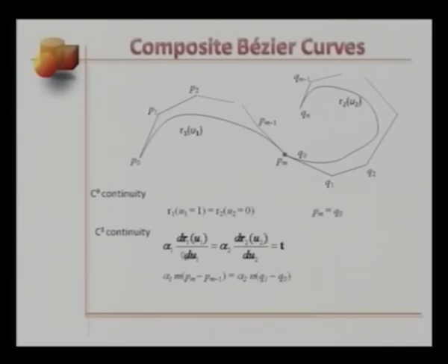So, the first derivative for this Bezier segment will be m times p sub m minus p sub m minus 1 at u1 equals 1, and we retain this term alpha 1. Likewise, for the second segment, the first derivative is given by n times q1 minus q0. We retain the scale factor as well.